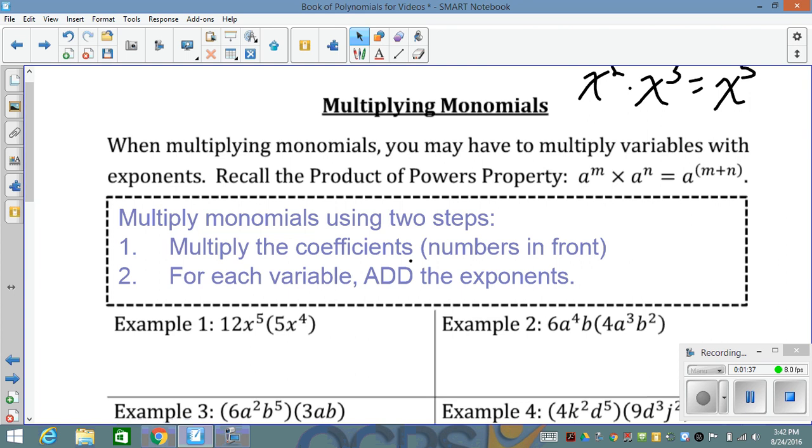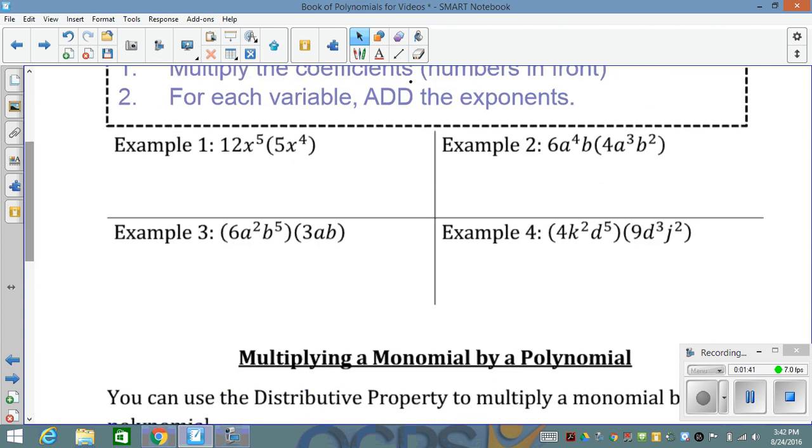Okay, so let's take a look at our first couple of examples. Let's make sure that we all understand what the coefficients are. So in example 1, our coefficients are the 12 and the 5. The 12 and the 5 are the normal size numbers. So I'm going to do 12 times 5, and that gives me 60.